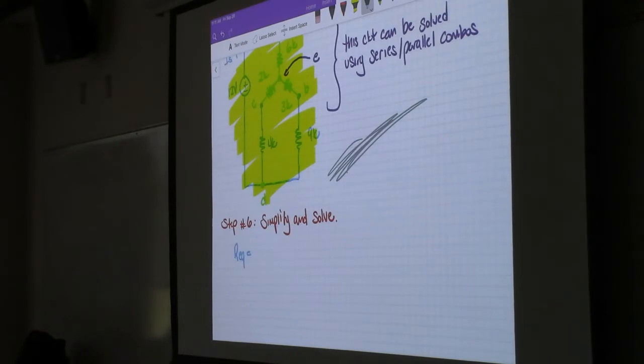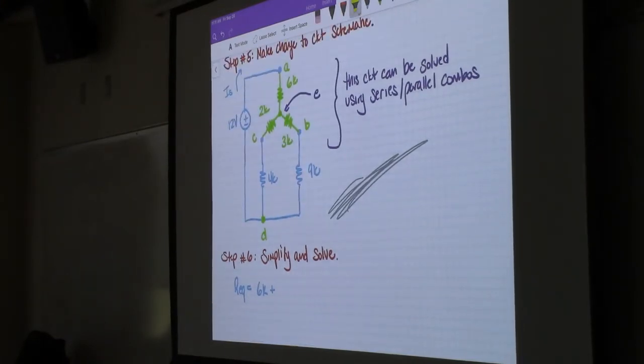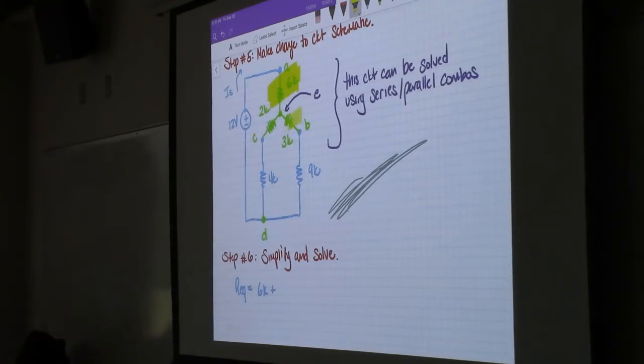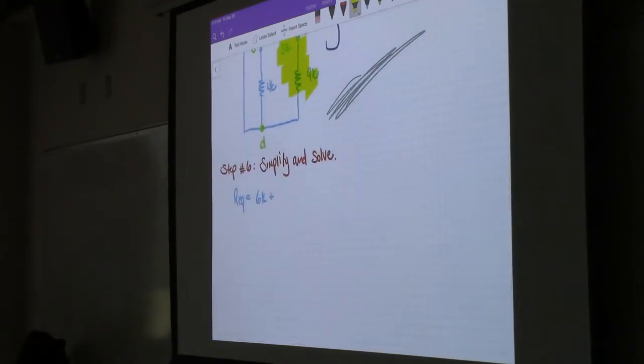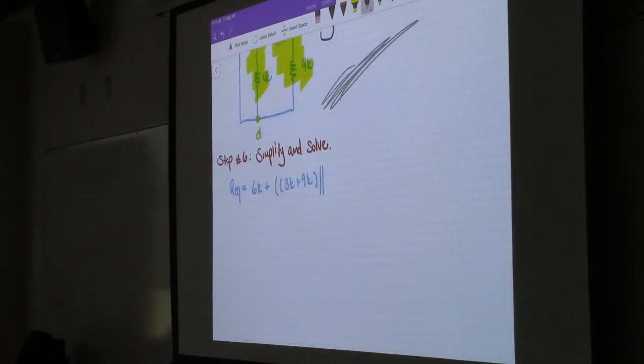It's going to be 6 kilo ohms plus, we'll eliminate these one by one, the series combo of those two: 3 kilo ohms plus 9 kilo ohms, in parallel with 2 kilo ohms plus 4 kilo ohms.